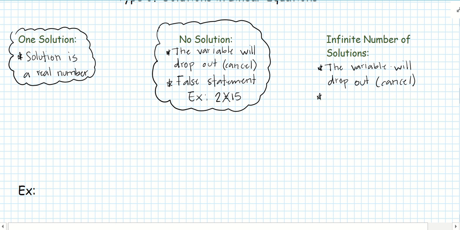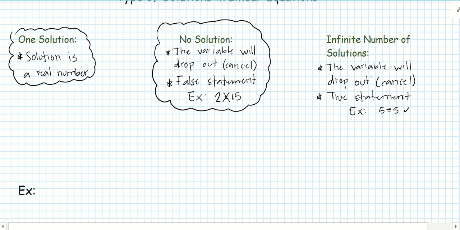However, instead of having a false statement after the variable cancels, we're going to have a true statement. And what that means is that we're going to have the same value on both sides of the equation. So 5 equals 5. This is true. The number 5 equals the number 5, right?